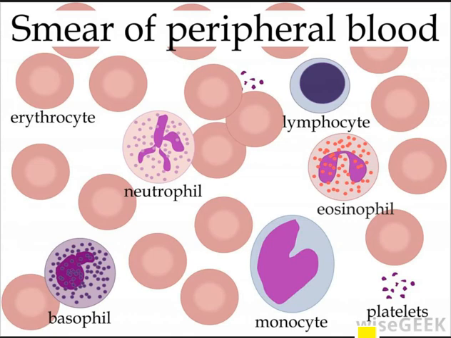Now, a quick review. We have a smear of peripheral blood. We have your platelets, your erythrocyte, your basophil, your monocyte, and then your lymphocyte. We have two types, your small and your large lymphocytes. We have your segmented neutrophils, your mature ones, and your eosinophils with orangey granules.